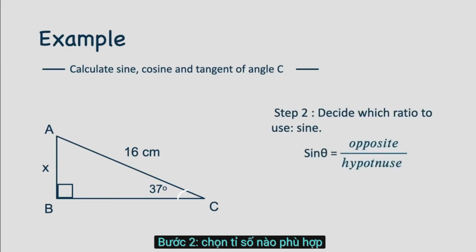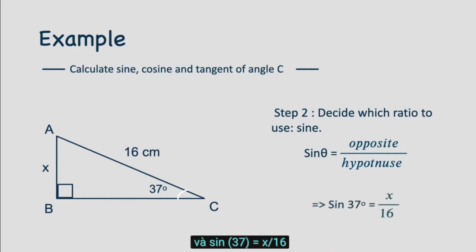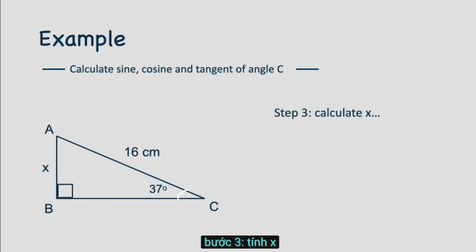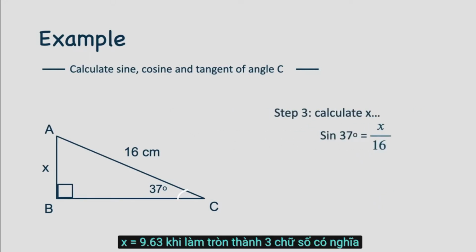According to the data we know, here we will use sine. The formula of sine of alpha angle is opposite over hypotenuse, and the sine of 37 degrees is equal to x over 16. And step 3, calculate x. So x is equal to 9.63, rounded to 3 significant figures.